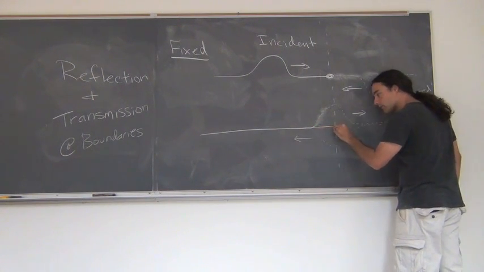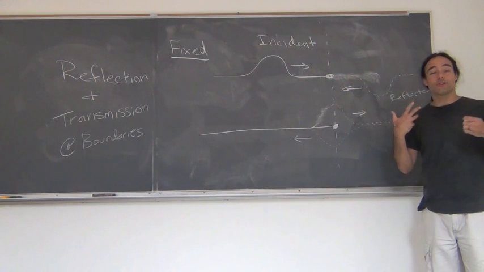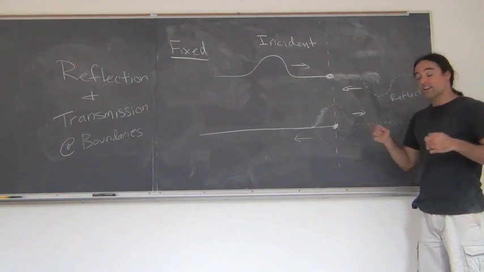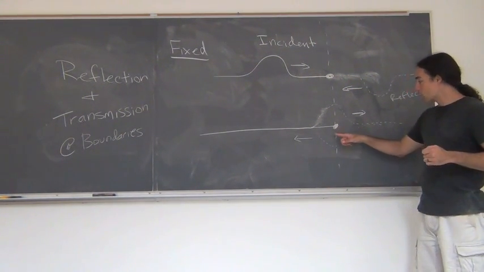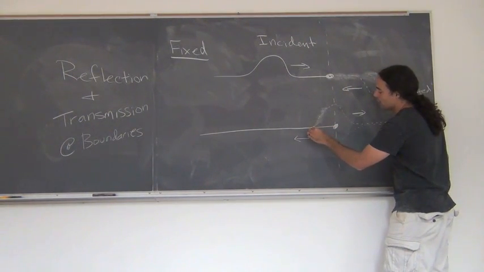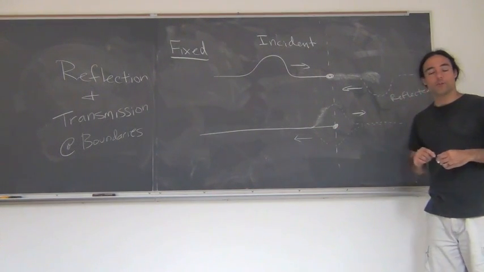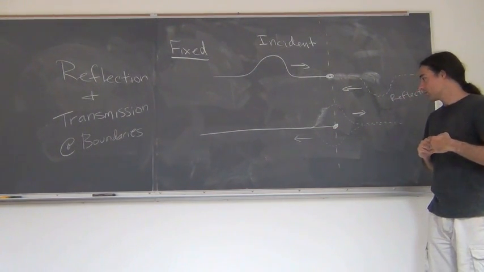So right at this point, they cancel out, which is what I need them to do if my boundary is to remain fixed. If that is tied down so it can't go up or down, I want to make sure that these two exactly cancel out for all times right at that spot, because that spot is fixed.